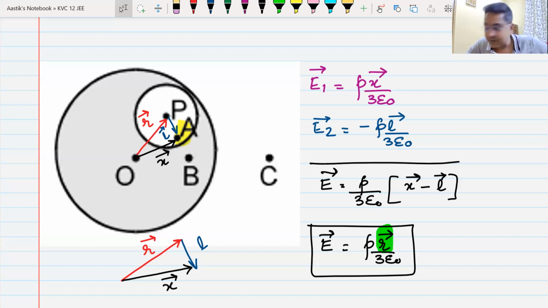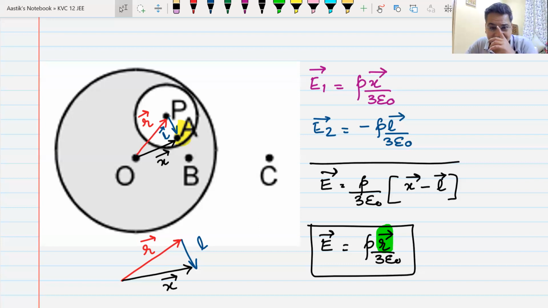How? Tell me, fatafat. There has to be some logic behind it. We're not playing Kaun Banega Crorepati. E is uniform, sir.